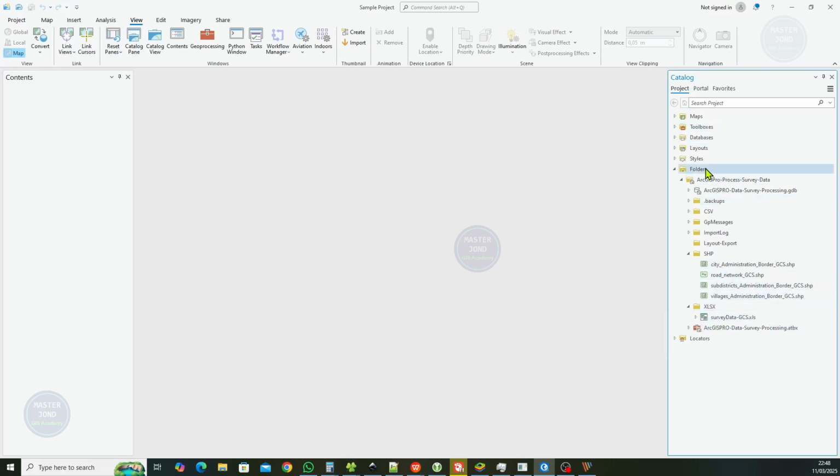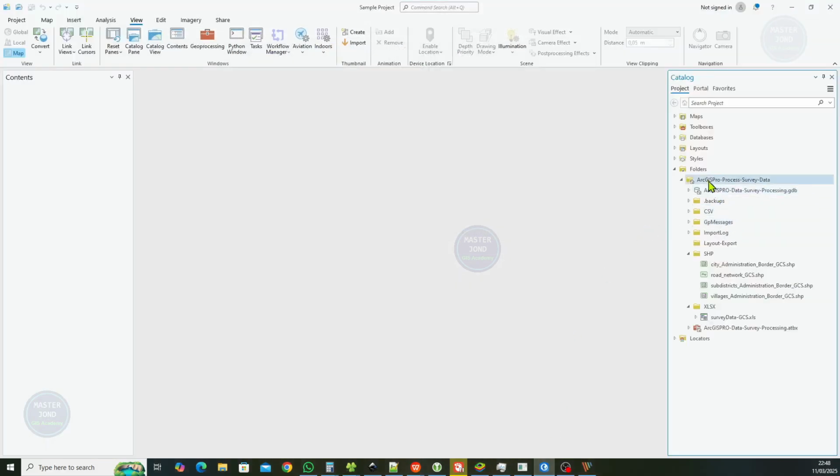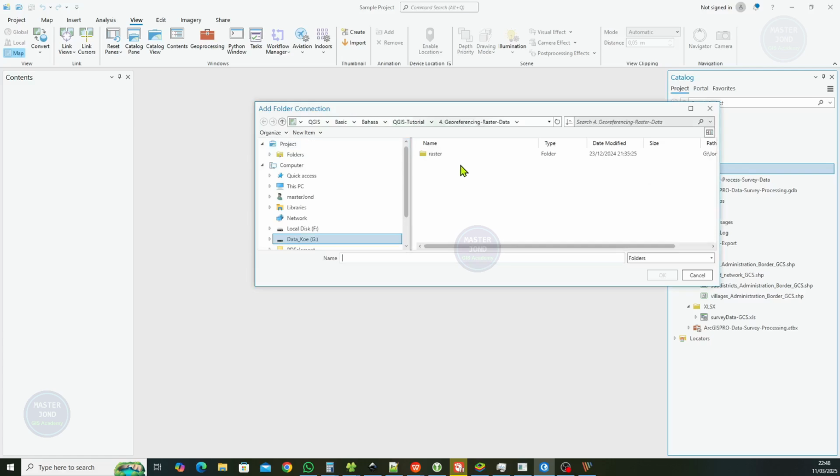Therefore, we need to connect to the folder that contains these two folders. Okay, just right click the folders and Add Folder Connection, and there, okay, this is the QGIS tutorial, but no problem, we can use this material for our exercise.